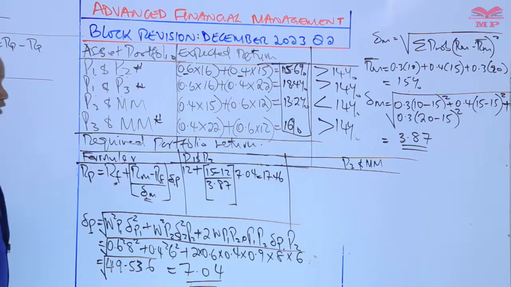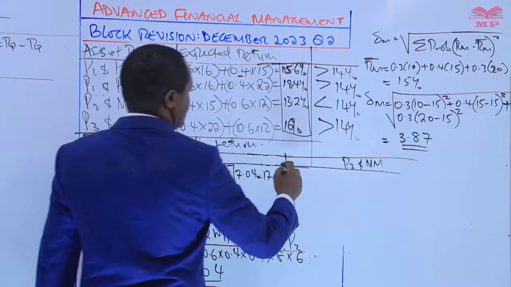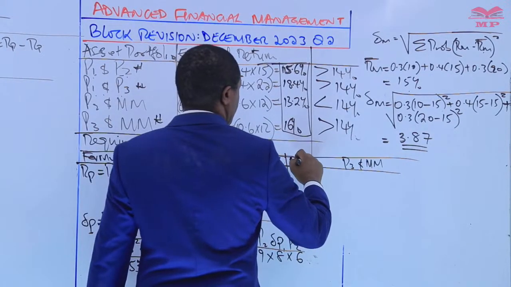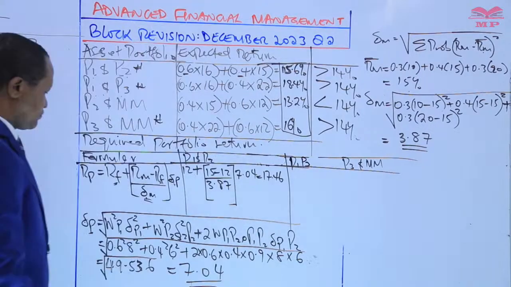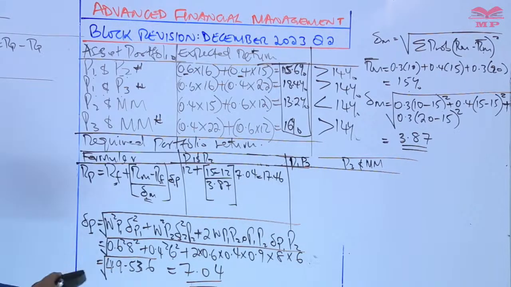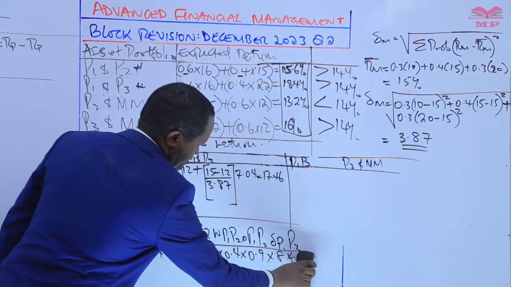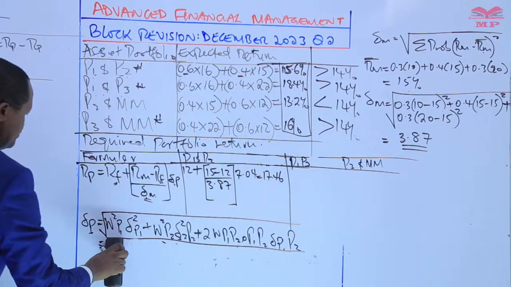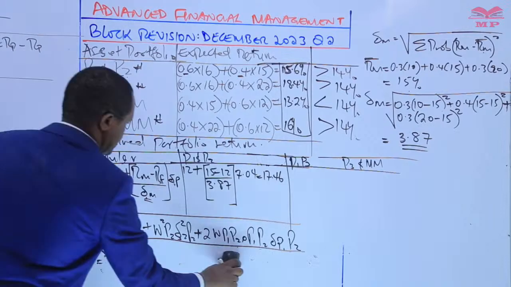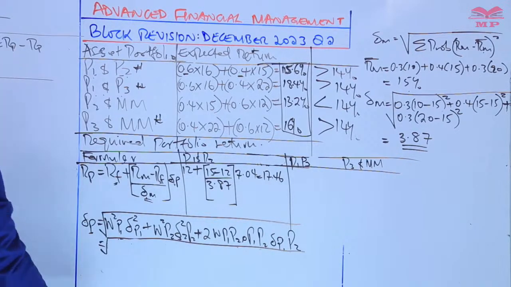We are going to do the same for P1, P3. We're going to use the same formula for standard deviation for the portfolio.